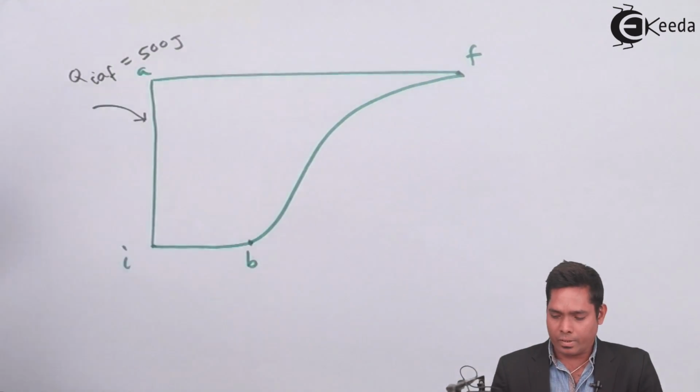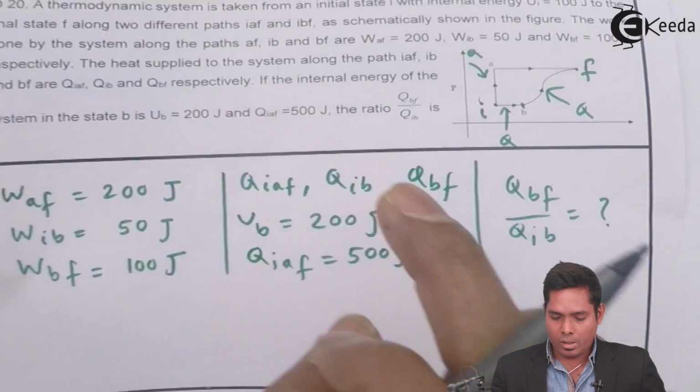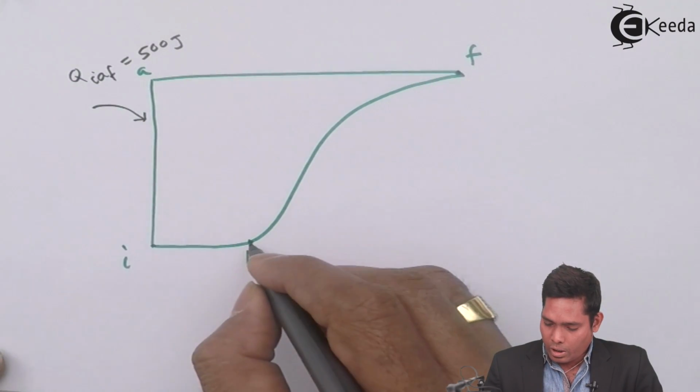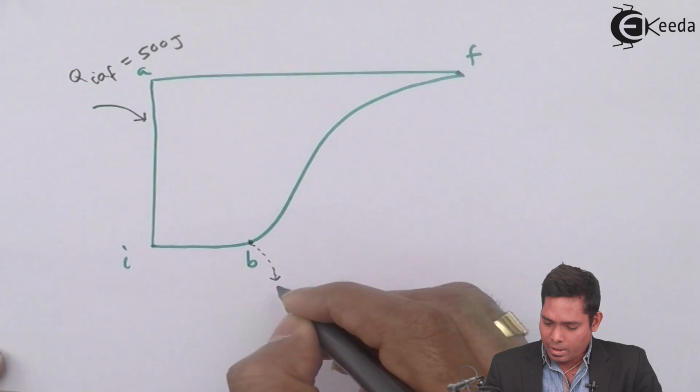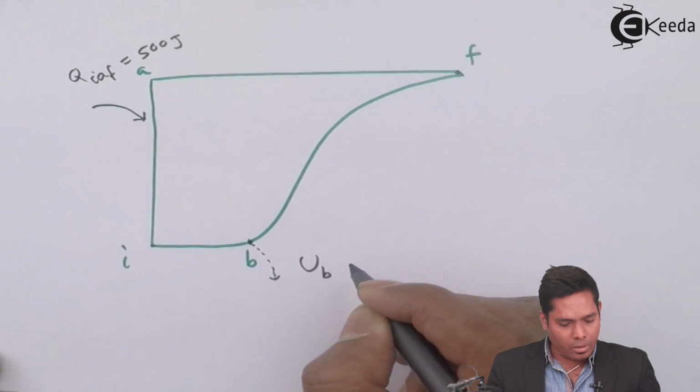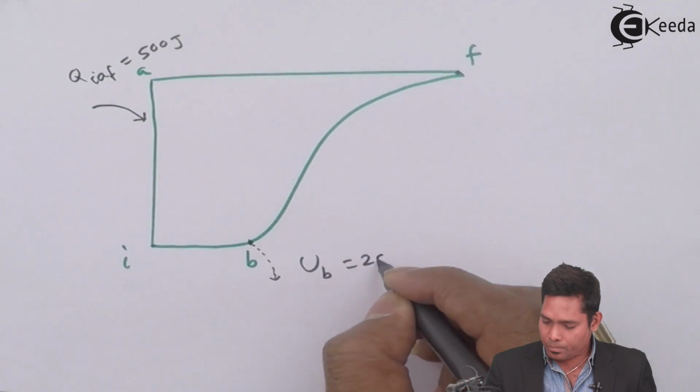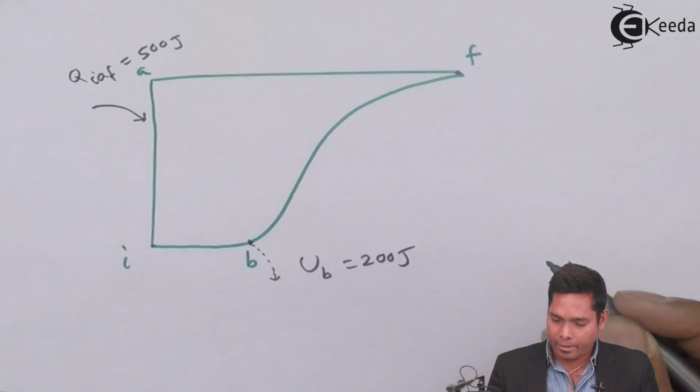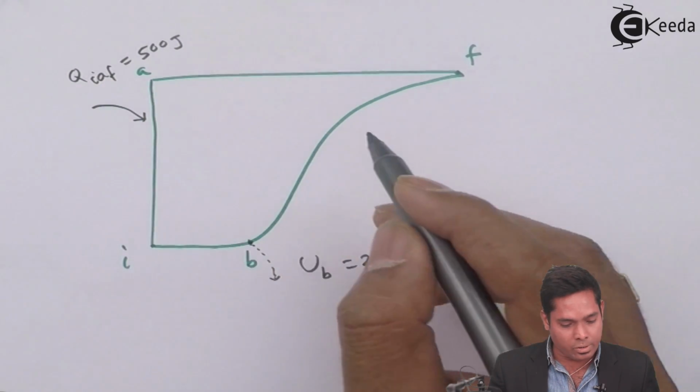The internal energy at B, UB, is 200 joule, and UA is not given.